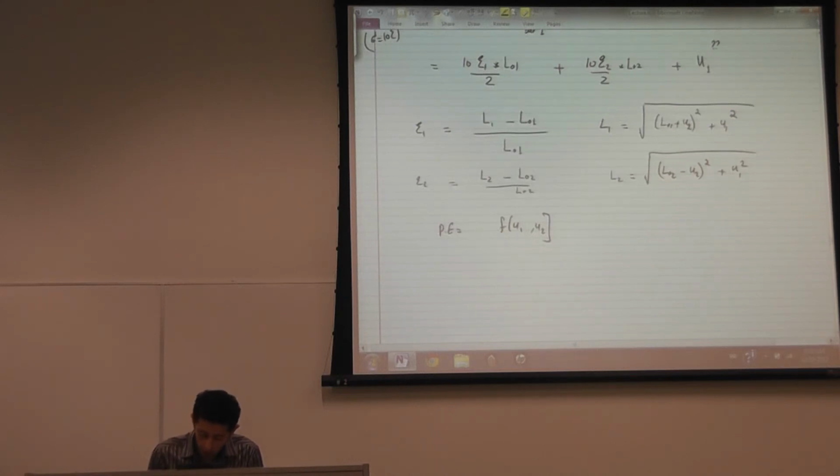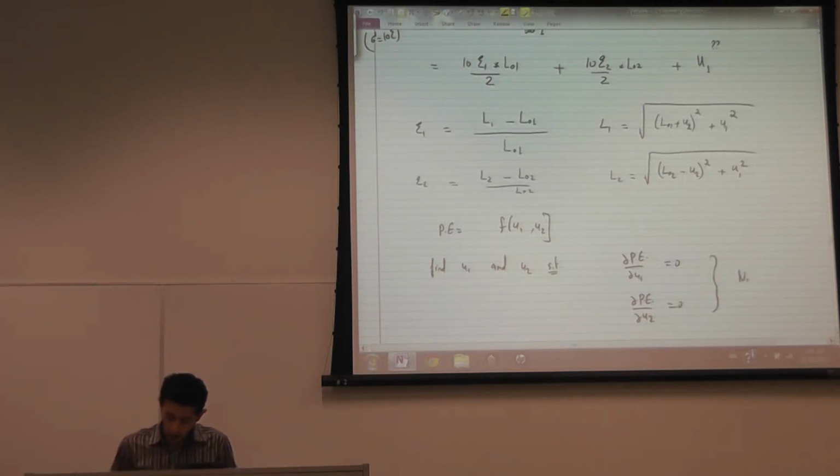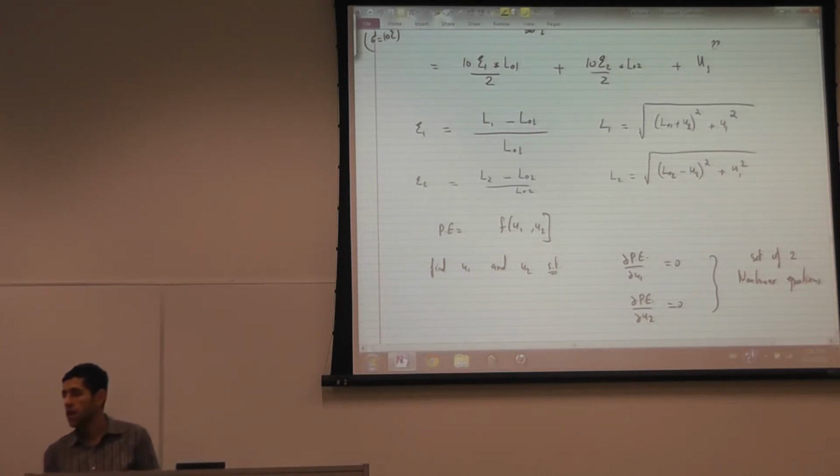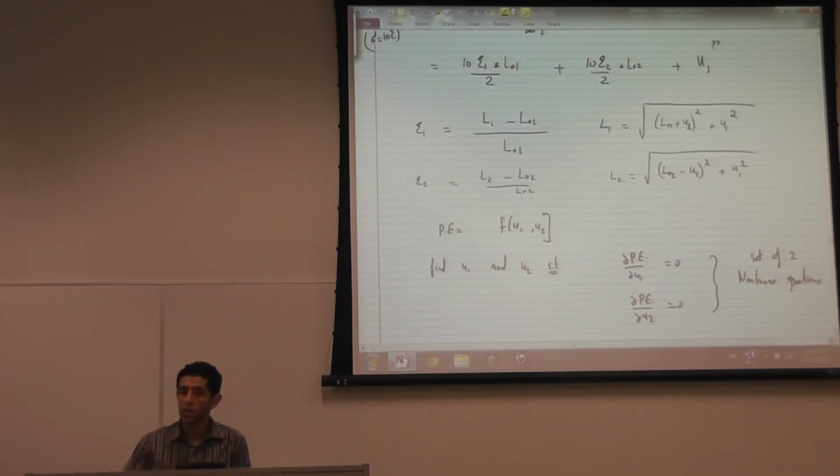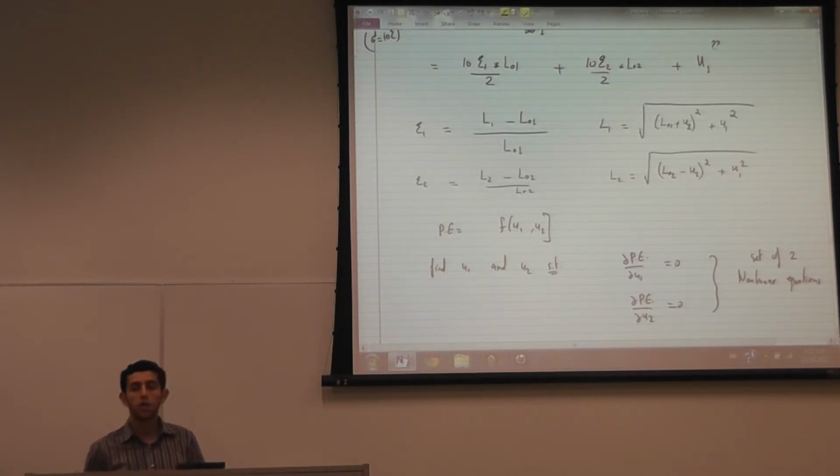So I would like to find U1 and U2 such that partial potential energy by partial U1 equals 0, partial potential energy by partial U2 equals 0. This is a set of two non-linear equations. To solve this set of two non-linear equations, I have to utilize the Newton-Raphson method.